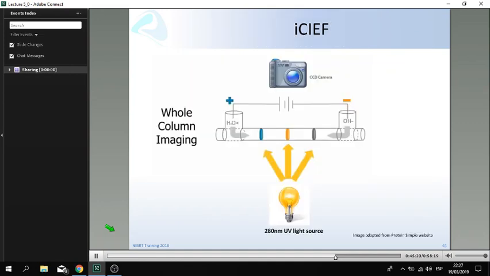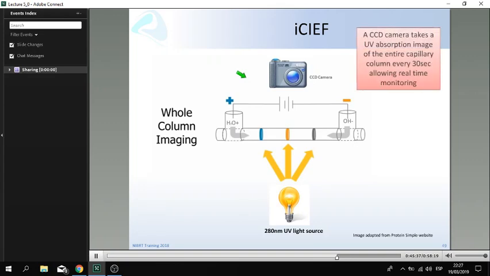So basically, your whole capillary is a detection window. Your UV light source is shining through the whole capillary and detecting everything in real time, and you have a camera taking images of your capillary. A CCD camera takes a UV absorption image of the entire capillary every 30 seconds, so it's allowing real-time monitoring.